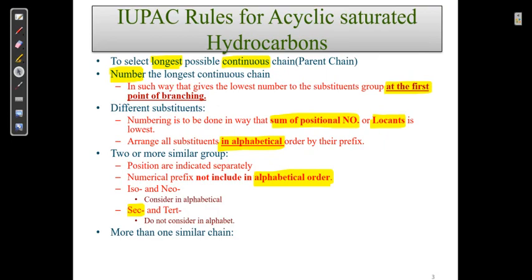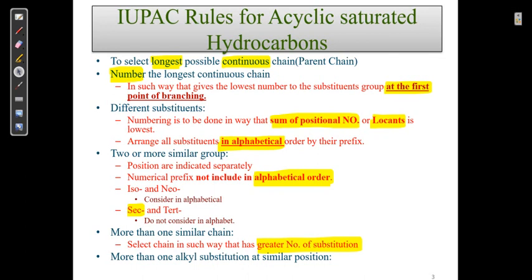If there is more than one similar chain, then we select the one that has a greater number of substituents. If there is more than one alkyl substituent at similar positions, consider alphabetical order.